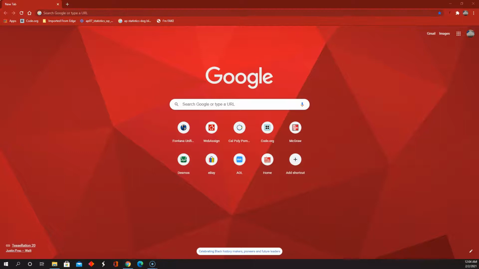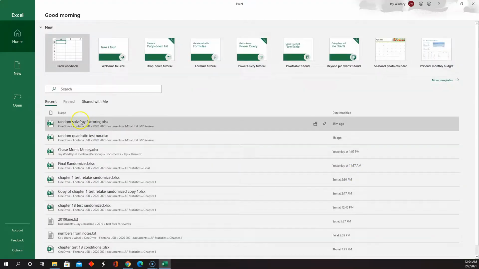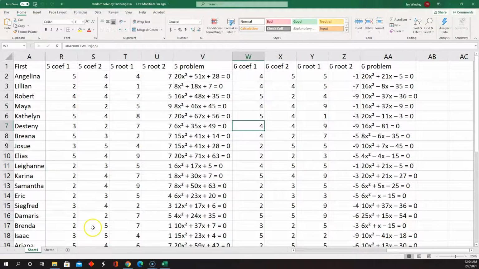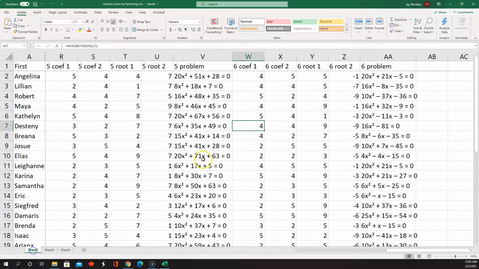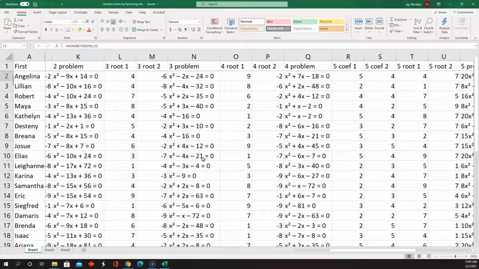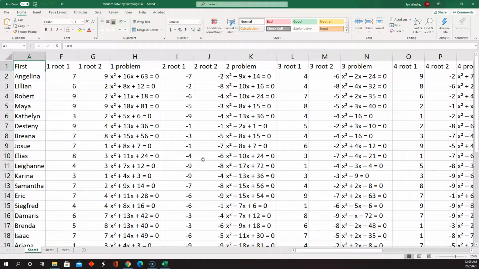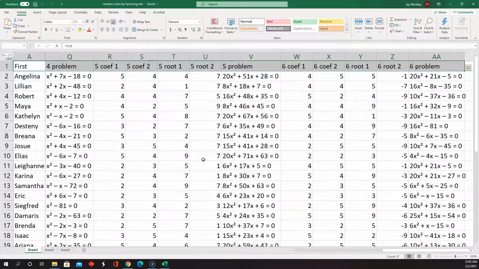I'm going to do one more thing with that Excel spreadsheet. I'm going to create another sheet. I already have the students' vital information on sheet 2, which I don't want to display. I'm going to create one more sheet, and I'm going to highlight all of this information.